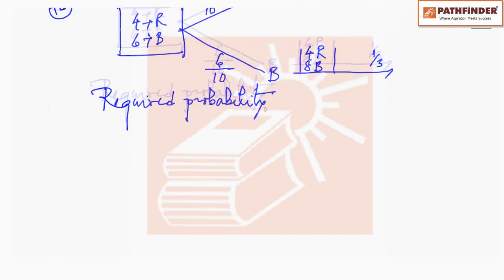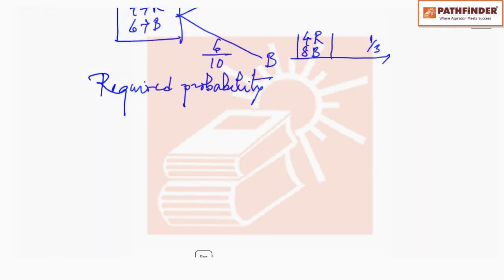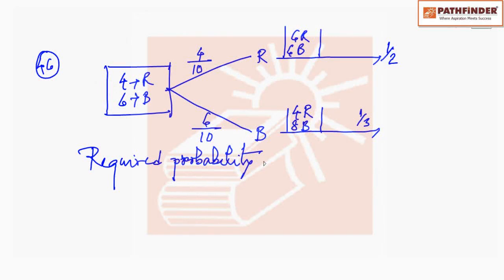Required probability is, we have to multiply 4 by 10 into half. So it will be 4 by 10 into half plus 6 by 10 into 1/3.